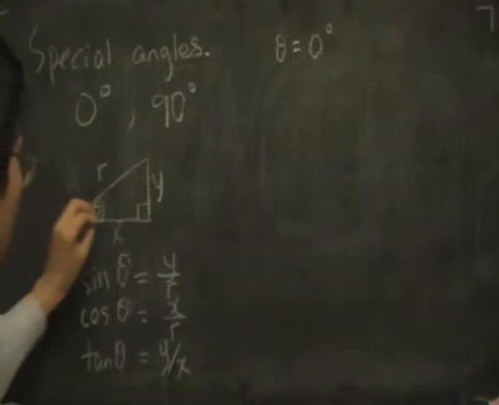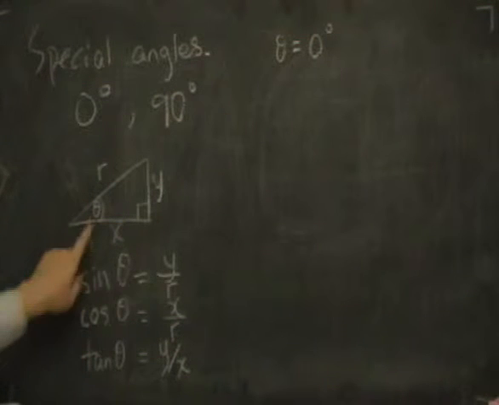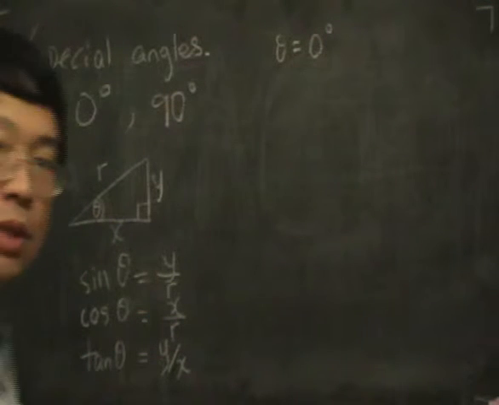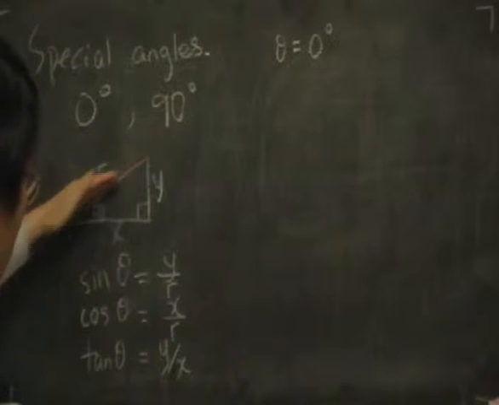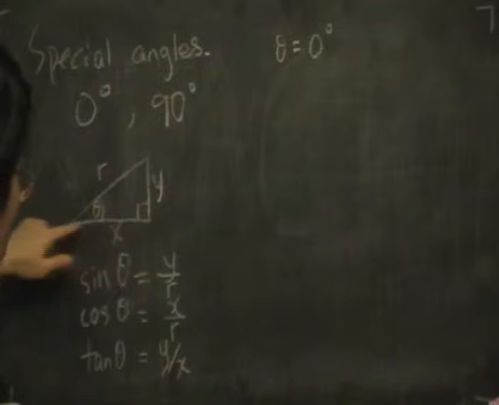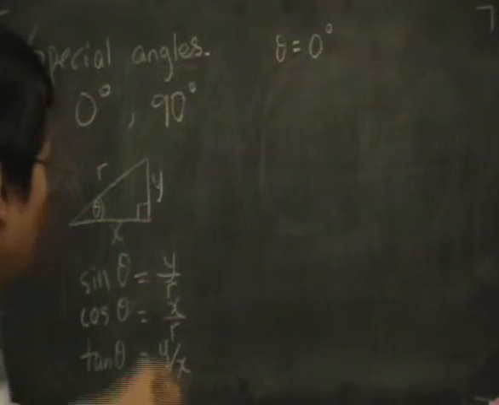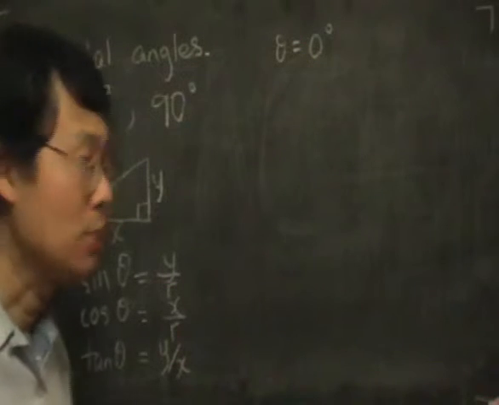If you look at this triangle, what does it look like if the angle theta is 0? The longer side would come right down until it meets the x-axis, alright? And the y will be 0.